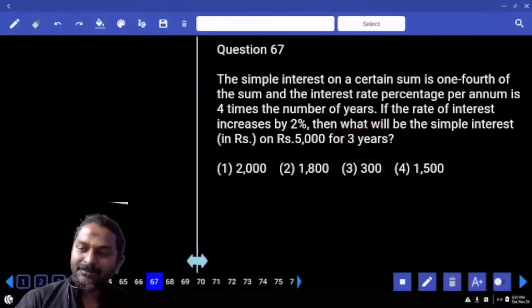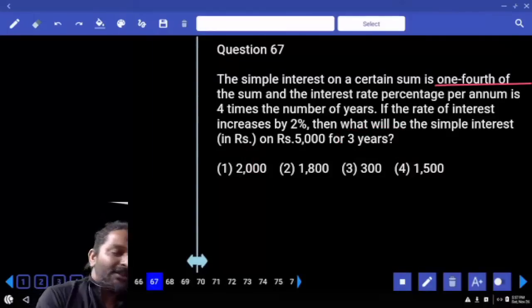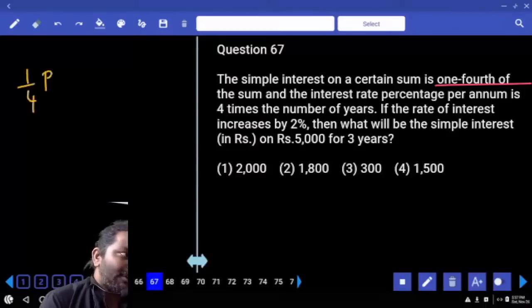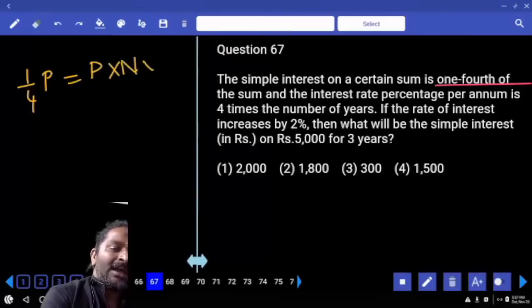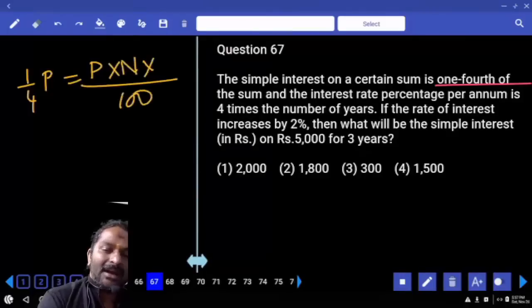సో ఇప్పుడు చేద్దాం రండి. Simple interest is equal to 1/4 of the sum, meaning principal only. Simple interest is equal to P N R by 100.